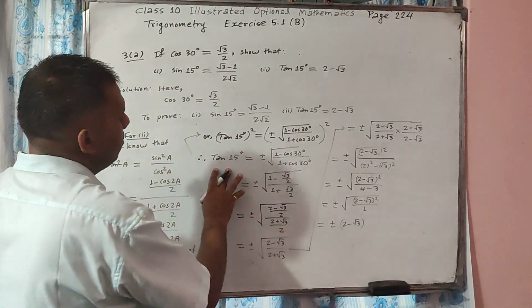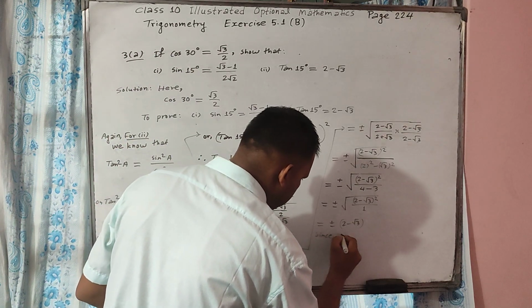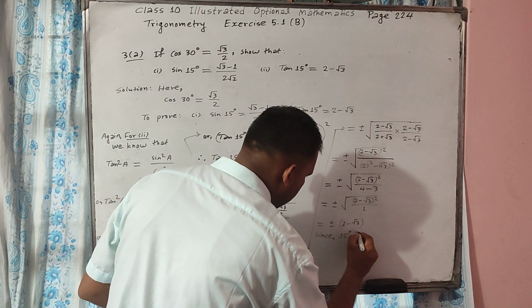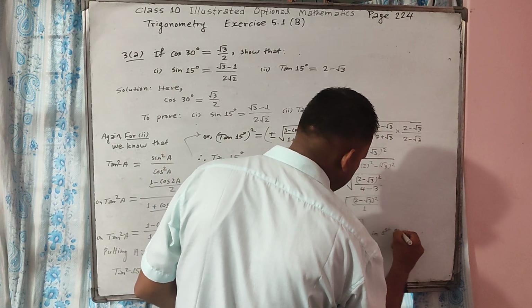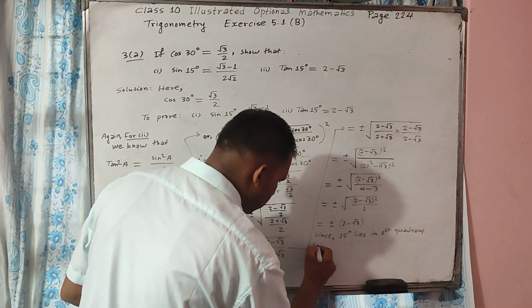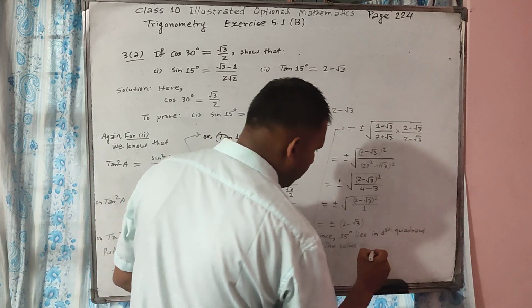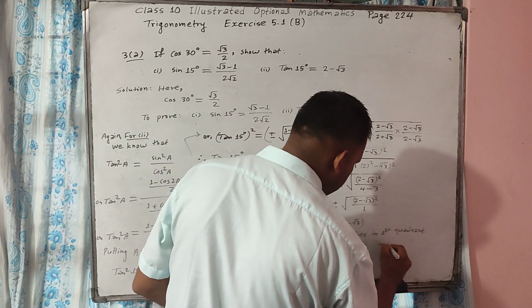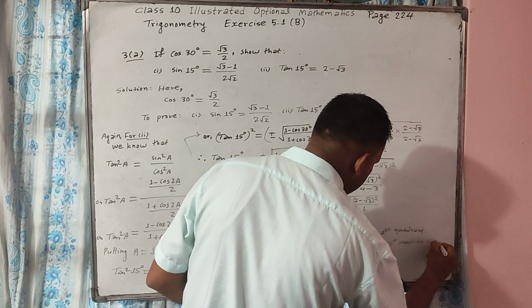Since 15 degrees lies in the first quadrant, the value of tan 15 degree must be positive.